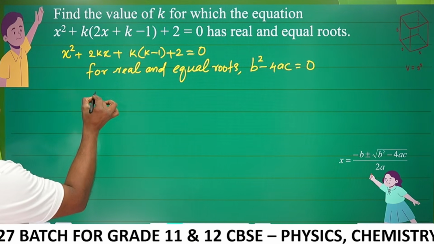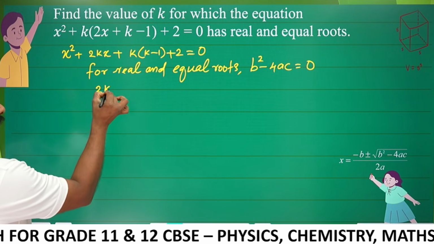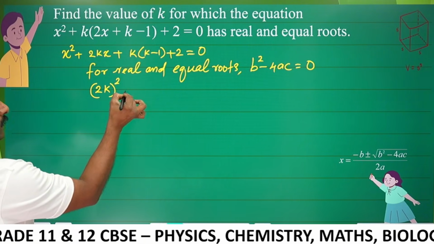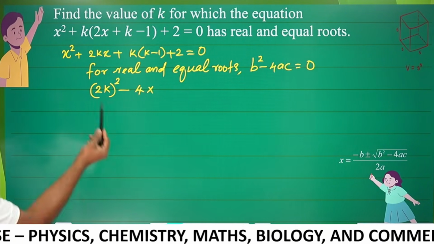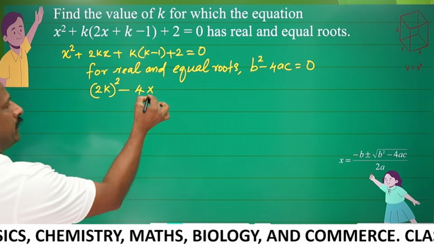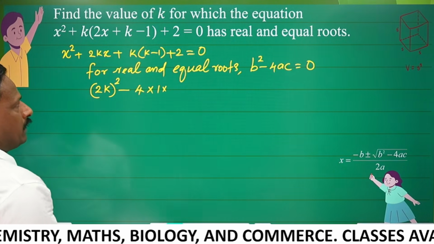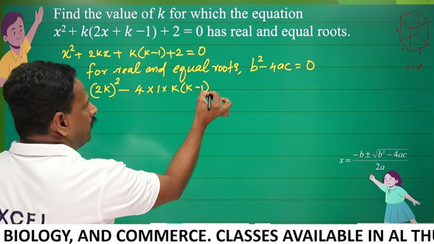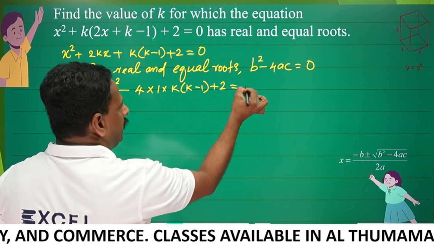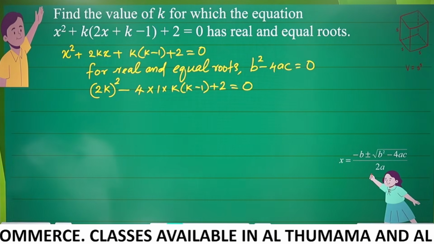What is the coefficient of x? That is 2k, the whole square, b square minus 4 into a. A is the coefficient of x square, here it is 1, into C. What is C? K into k minus 1 plus 2 equal to 0.